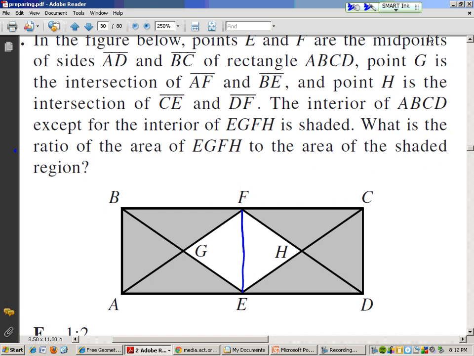There is a way to prove. The question is, do I know that the area of 1 and the area of 2 are the same? There is a way to prove they will be the same, but it's not something that most people know. But yes, there is a way to prove they will be the same. Actually, if you just do this, you can kind of intuitively see that all of the triangles are going to be congruent.